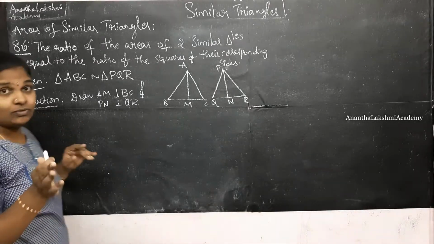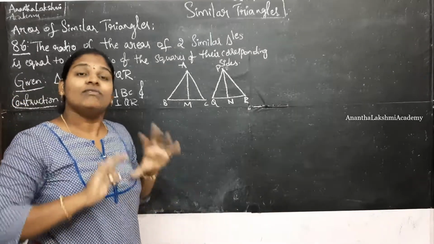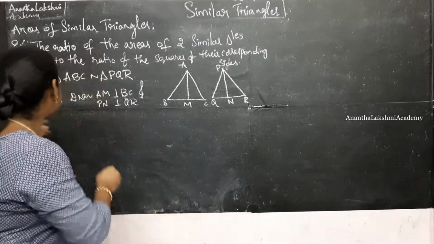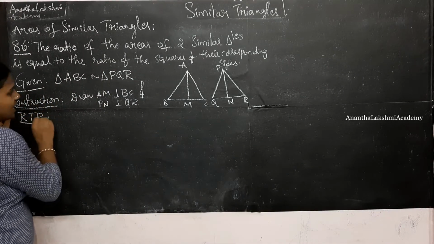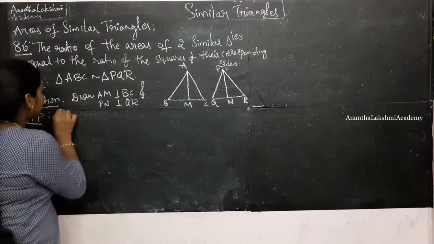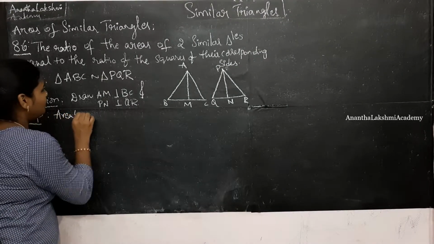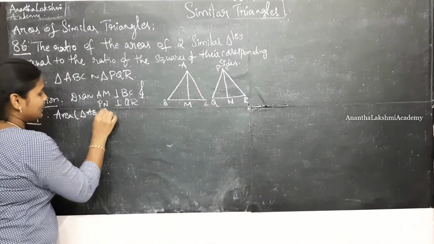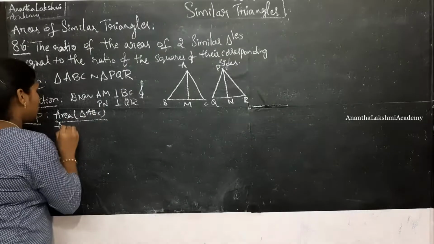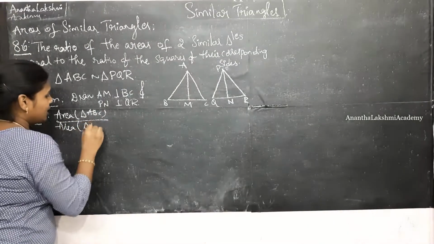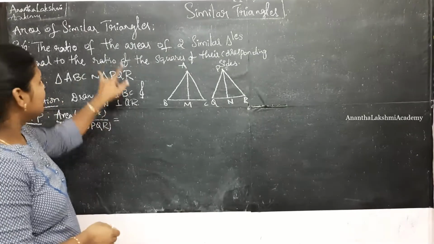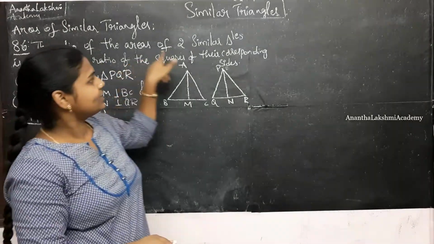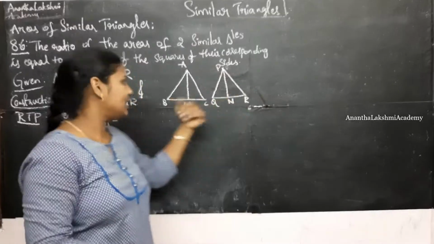Even before the proof, we need to know what is required to be proved. The RTP section: area of triangle ABC by area of triangle PQR is equal to the ratio of the squares of their corresponding sides.